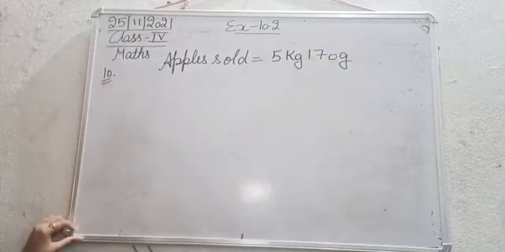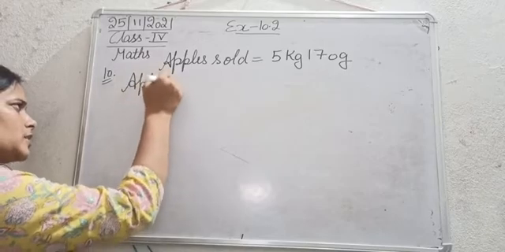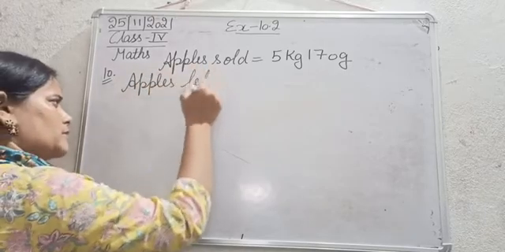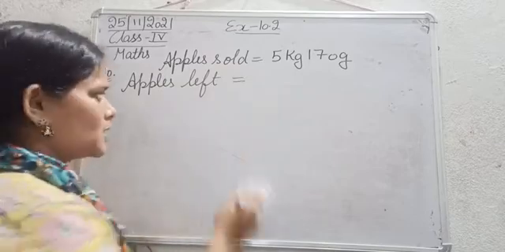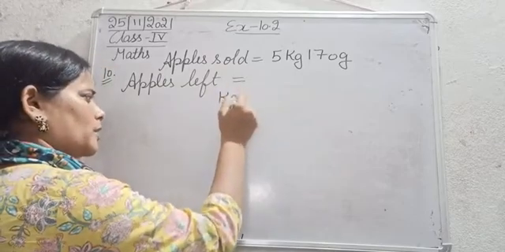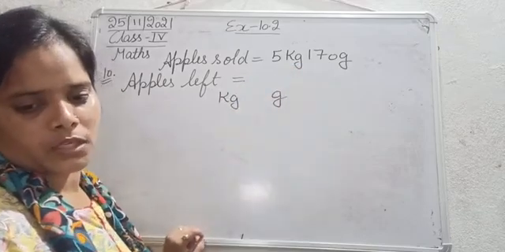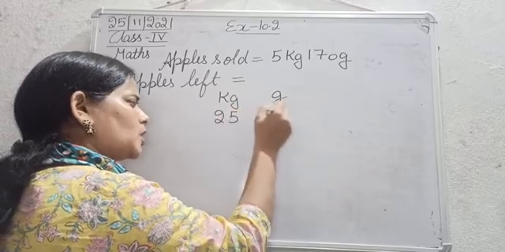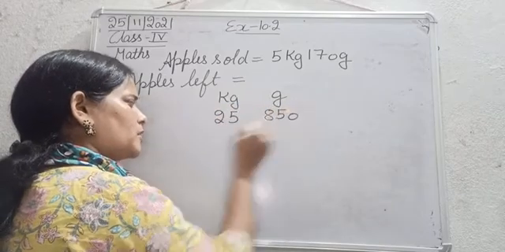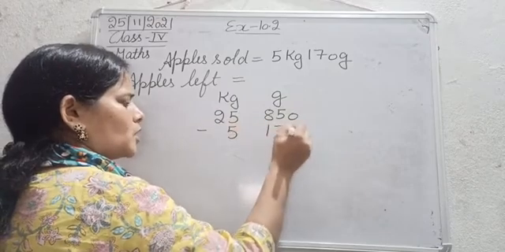Now we need to find out apples left. So for that we will subtract the apples sold from the total quantity of apples, that is in kilogram and gram. This is 25 kg 850 gram minus 5 kg 170 gram.